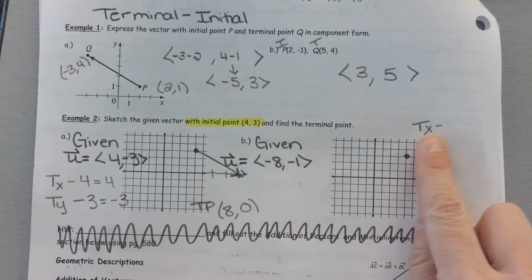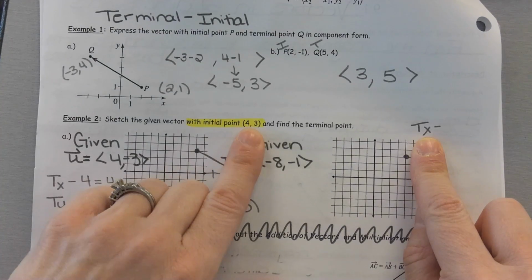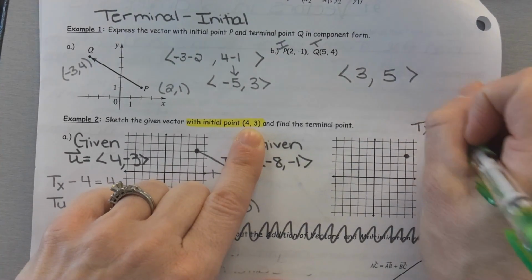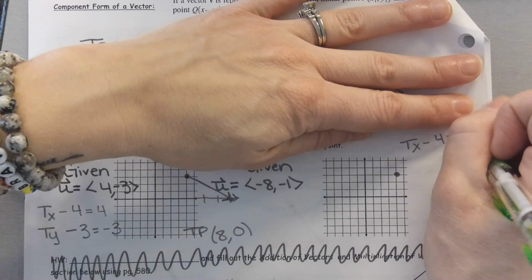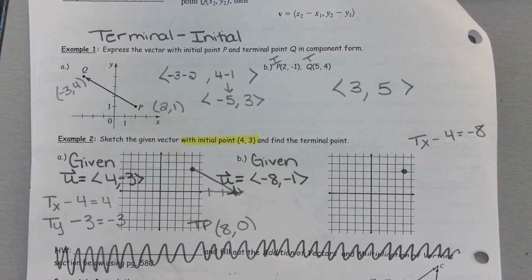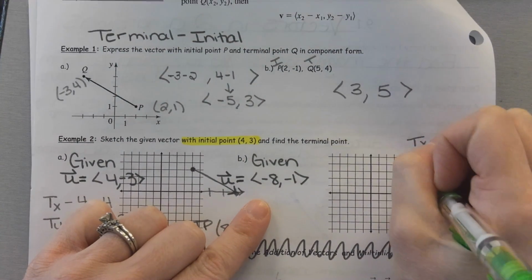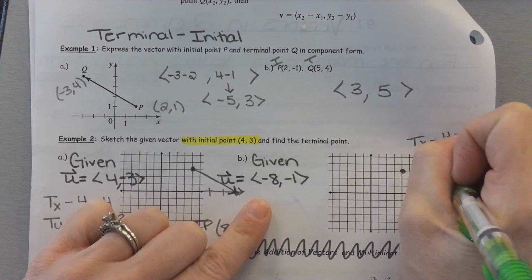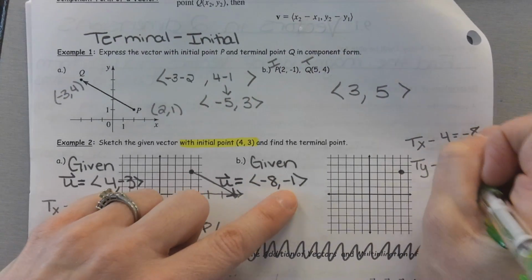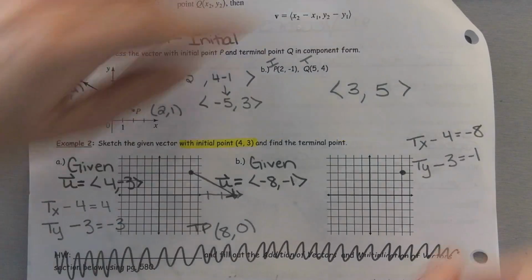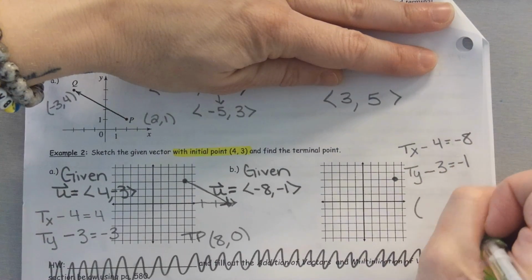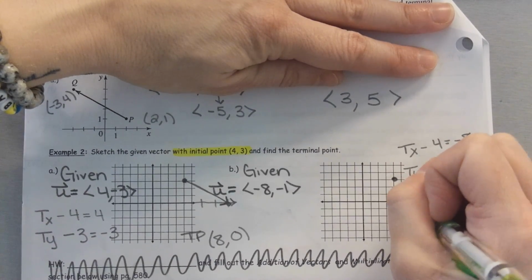All right, so the terminal minus the initial equals the component form value. For y, the terminal minus the initial equals the component form value for y. So again, we're going to find the terminal point.